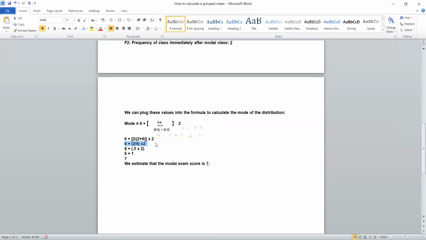Let's do what's in brackets first. So it's 6 plus, okay, what's in brackets? All right, so 2 plus 6. Oh, there's a mistake in my math here. 2 plus 6 is 8. So 2 plus 6 is 8, times 2. So now we have 6 plus 2/8 times 2.